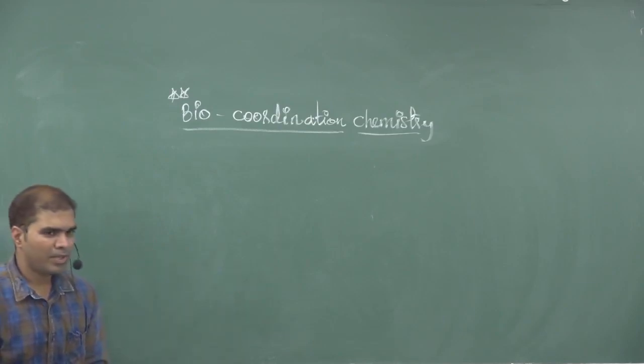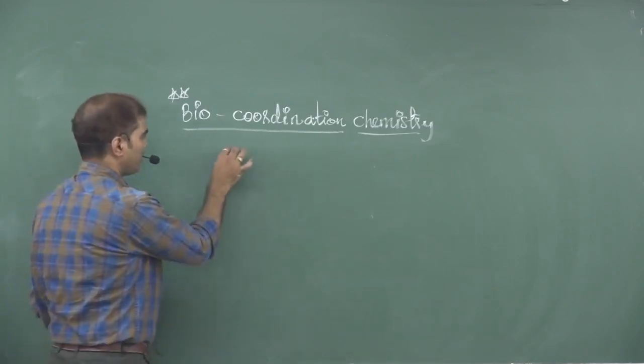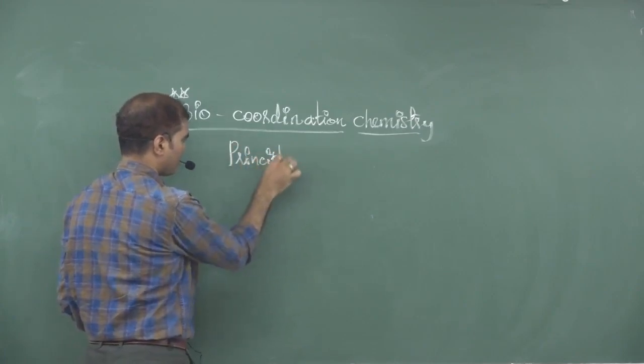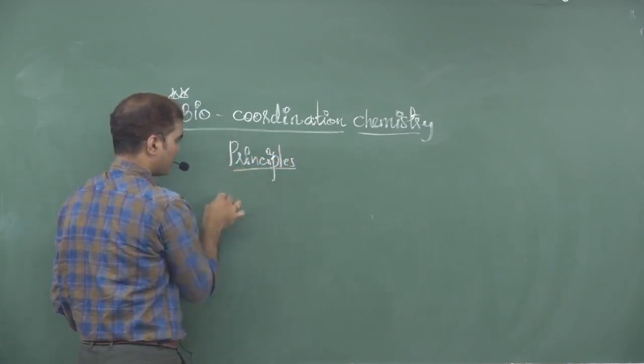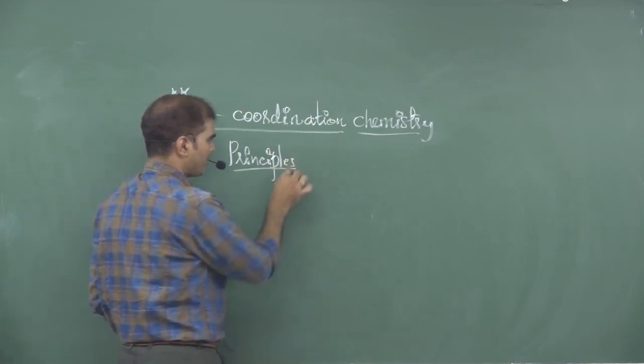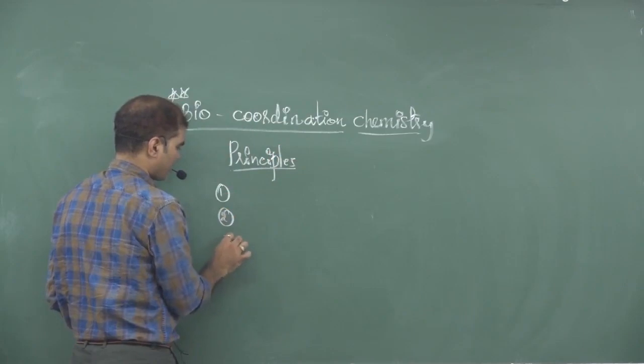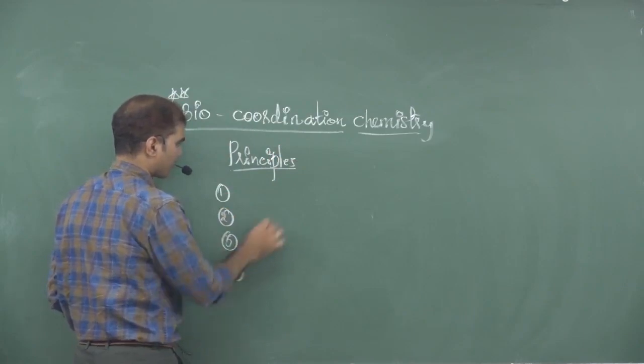So as I told you, nature will be selecting. On what principles will nature be selecting these elements? There are 4 principles or rules.